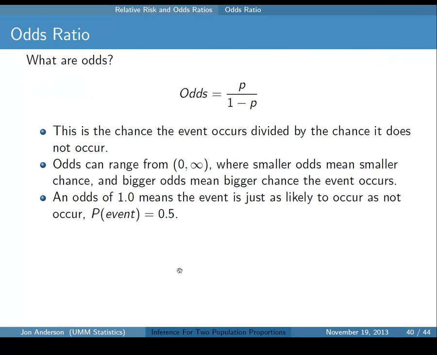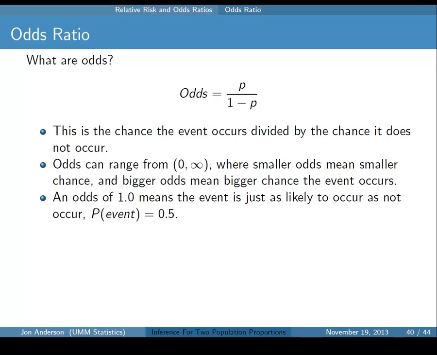Another way to compare two population proportions is with a concept and computation called an odds ratio. In order to talk about odds ratios, I should define odds for you. Odds is a fraction: the probability of an event happening in the numerator, designated by the symbol p, a population proportion that had the event, and the denominator of odds is the probability that the event doesn't happen.